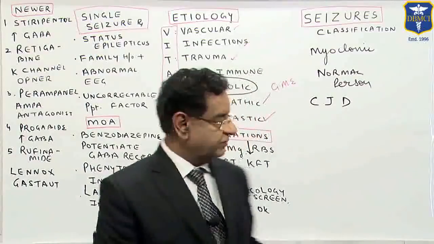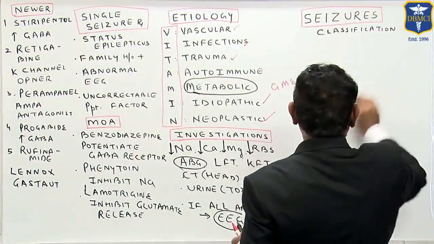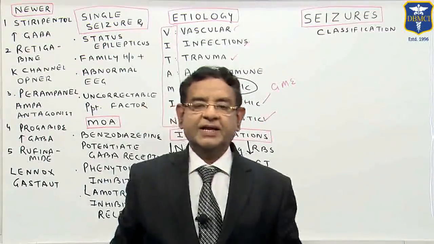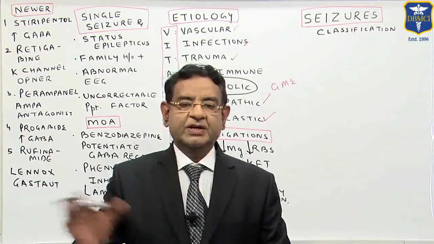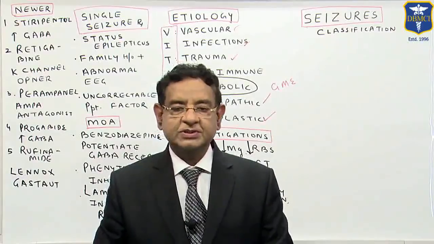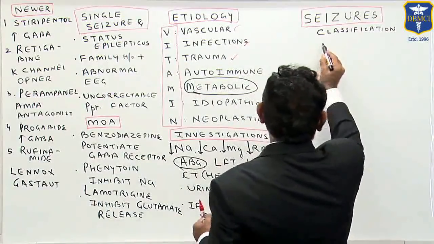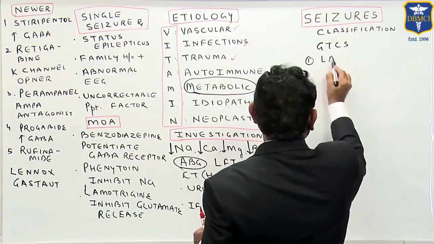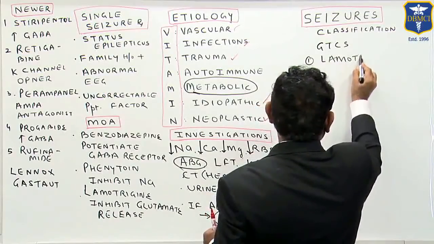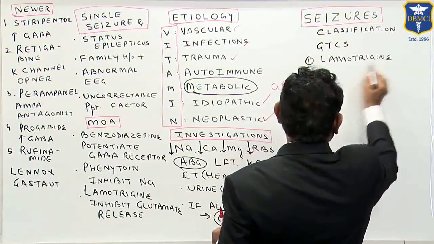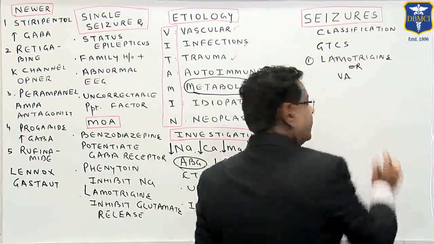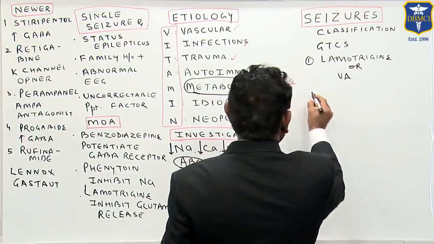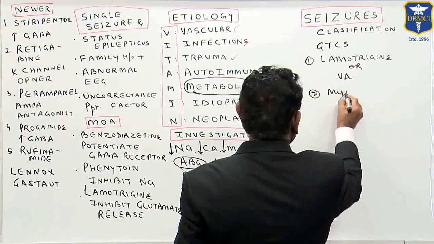Patient has come to us with all these problems. What drugs we can use? There is nothing like single drug. We have a group of drugs that we can use. Well, for generalized tonic clonic seizure, we can use lamotrigine or valproic acid as the first line treatment. Same thing with myoclonus also.